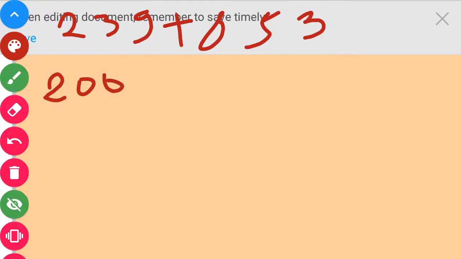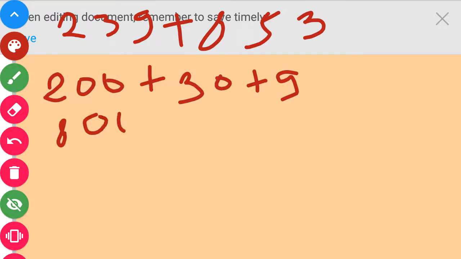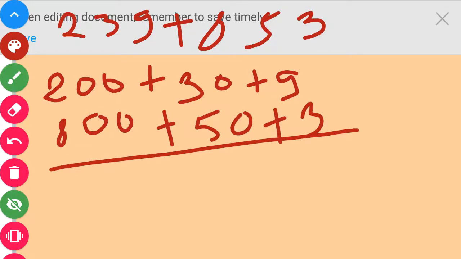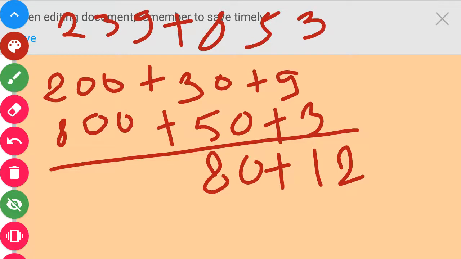So 200 plus 30 plus 9. And what will we add here? 800 plus 50 plus 3. What will we get? 9 plus 3 we will get 12. 30 plus 50 we will get 80.